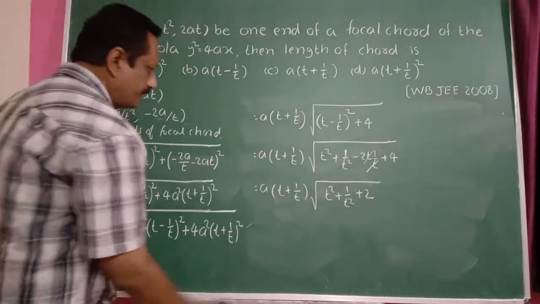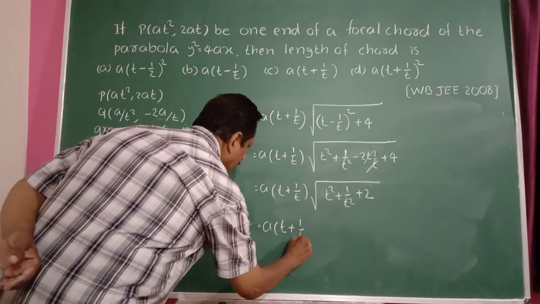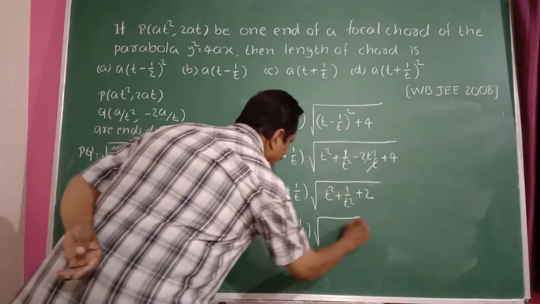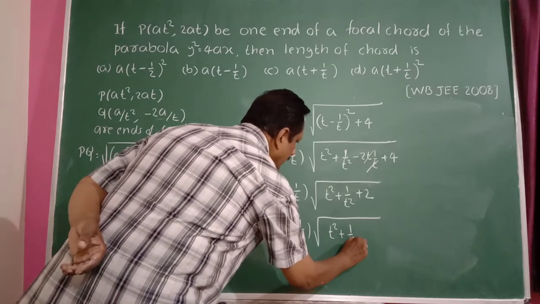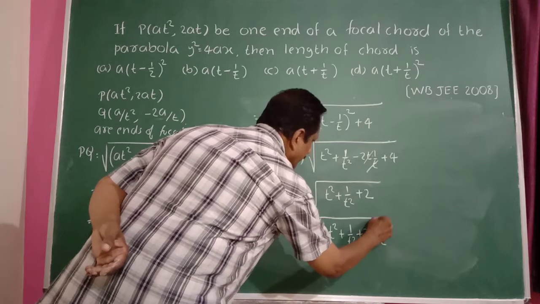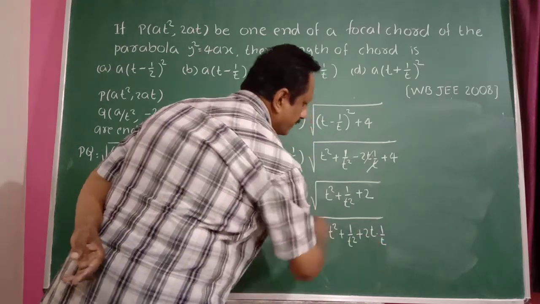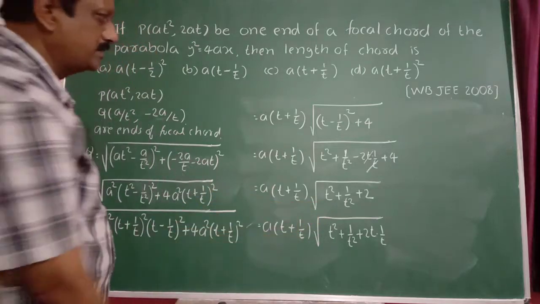Okay. Therefore, this is equal to a into (t plus 1 upon t) into root of t square plus 1 by t square plus 2 into t into 1 by t, multiplying and dividing by t. Then obviously it is in the form of a square plus b square plus 2ab.